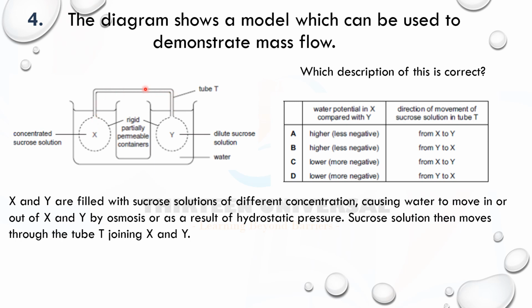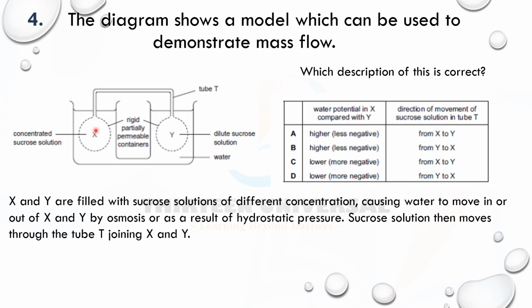Which transport tissue moves sucrose? That should be phloem, right? Then now let's go to the options. What is the water potential in X compared with Y? Look at what they said: concentrated sucrose solution.